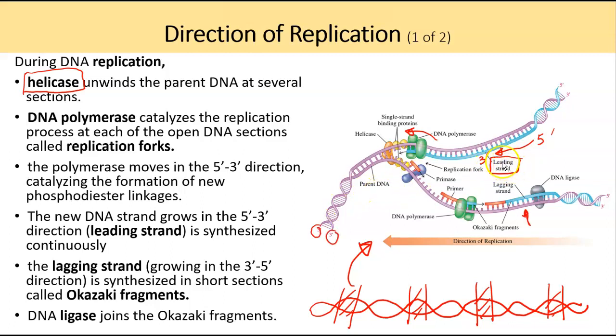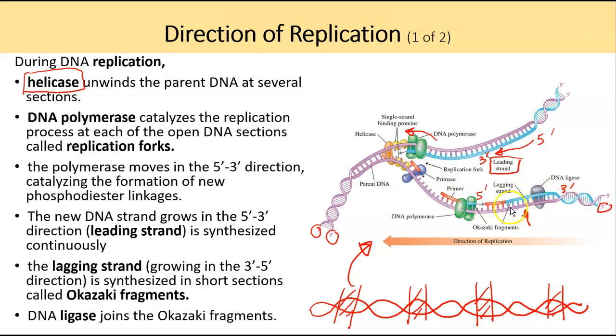The leading strand can grow continuously from 5' to 3', in the same direction that DNA polymerase can move. The other new DNA strand, the lagging strand, is synthesized discontinuously in short, separate segments.